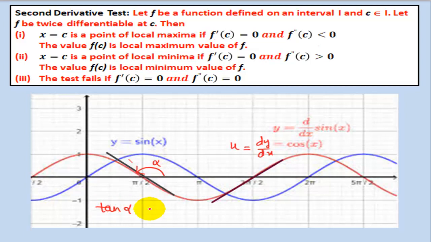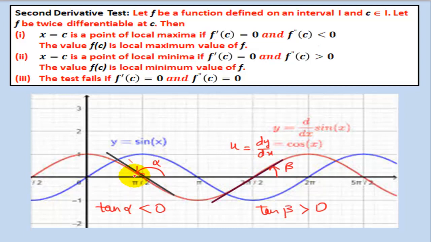Slope of this tangent will be tan alpha, which will come out to be negative because the angle is obtuse. In the same manner, if we look at the angle at which this tangent is inclined with the positive x-axis, we find its slope, which is tan beta, is coming out to be positive. Now let us relate the slope of these tangents to the derivatives of y or to the derivative of u.